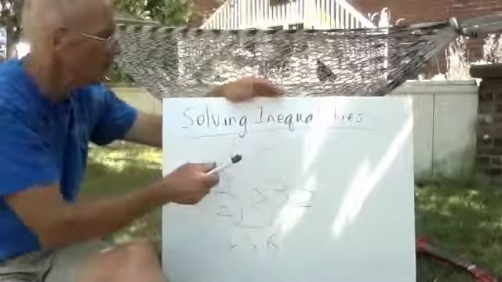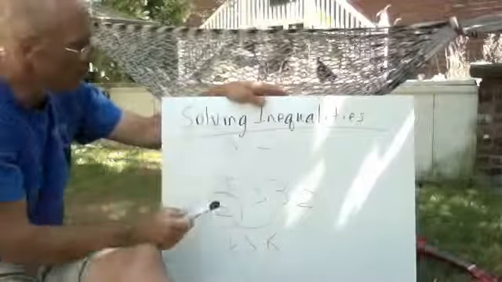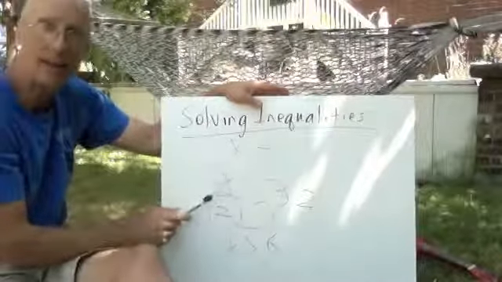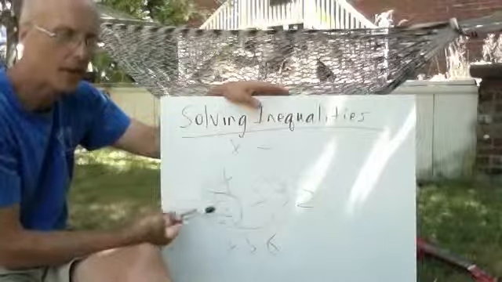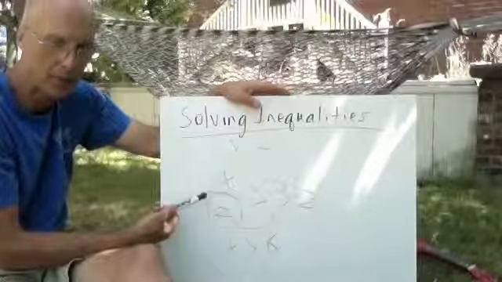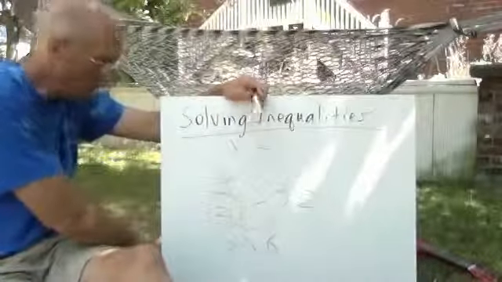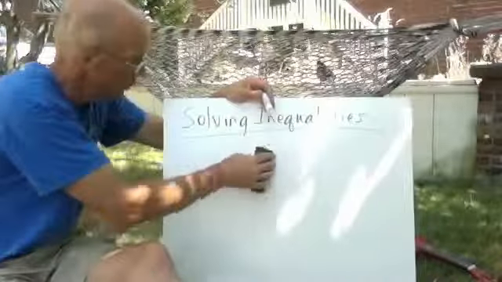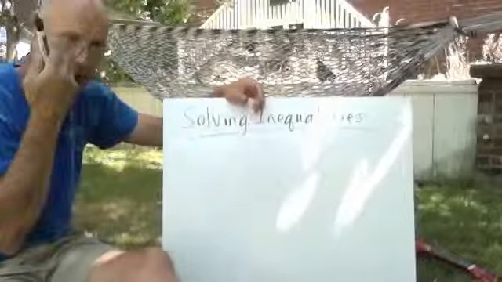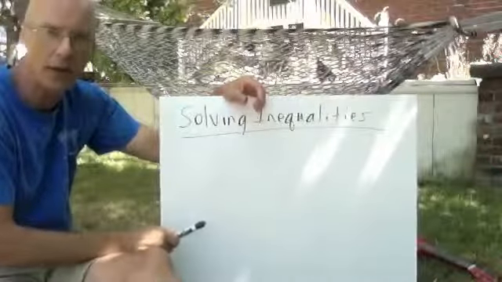Now, the only trick when you're solving inequalities is when you have a negative coefficient. Remember, a coefficient is the number being multiplied by the variable. So when the number in front of the variable is negative, everything kind of goes a little wonky.